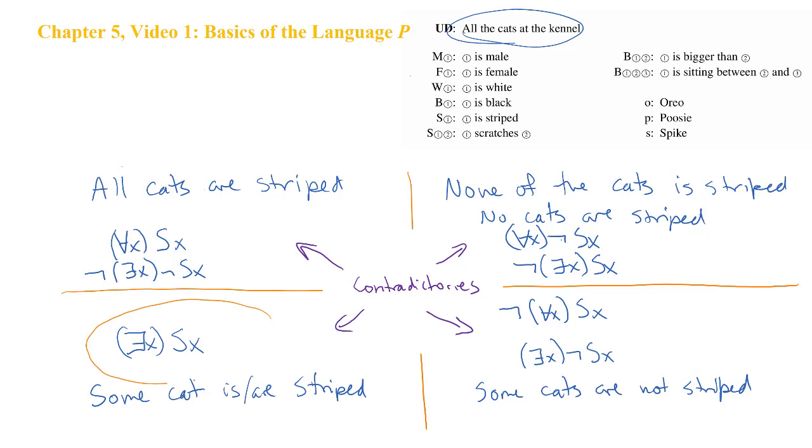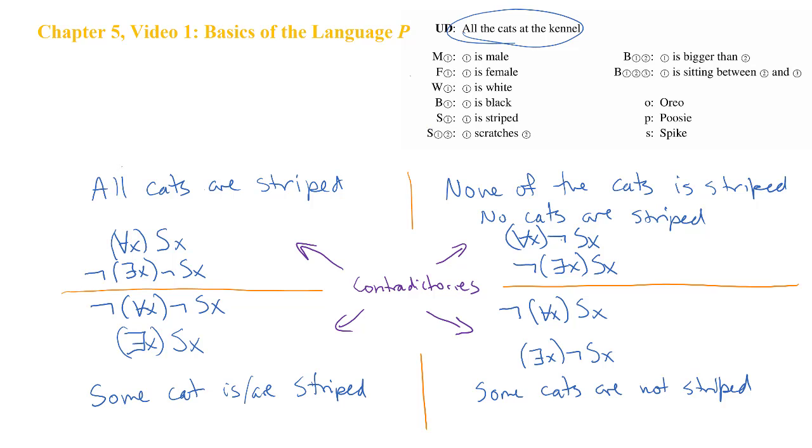Similarly, with the lower right corner, some cat is striped, and this right here, if we move it over and stick a hook on it, we will get an equivalent formulation. That is to say, one way to say some cats are striped is to say it's not the case that all are not striped.